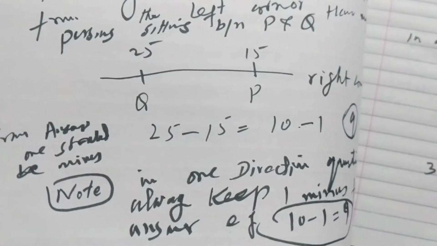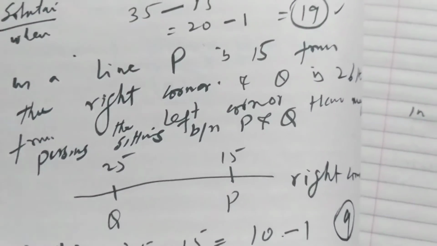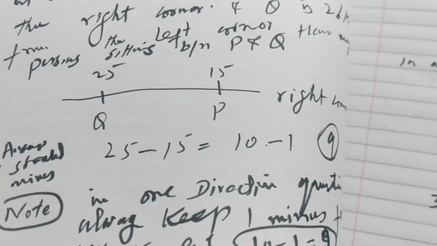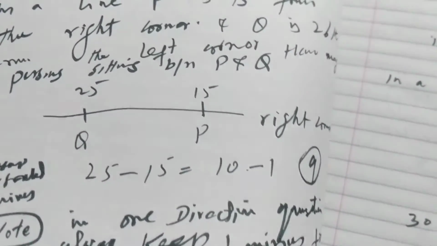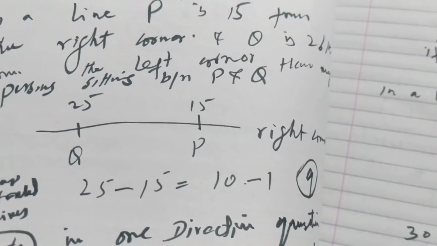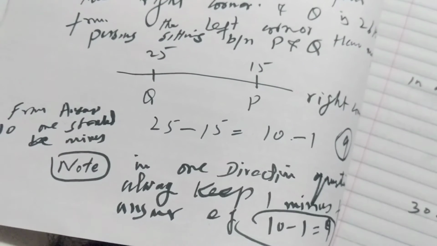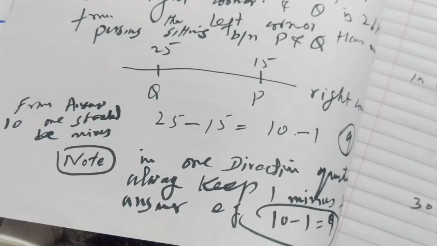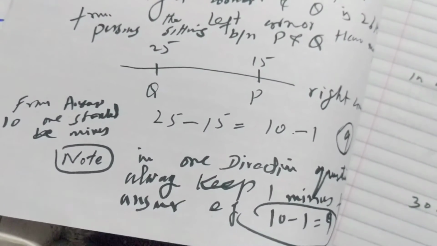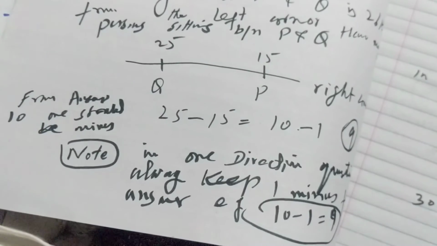Q is sitting at 25 and P at 15. 25 minus 15 is equal to 10. By further subtraction of 1, the answer is 9. So the conclusion is that when the direction is one side, you must subtract 1 from the total.